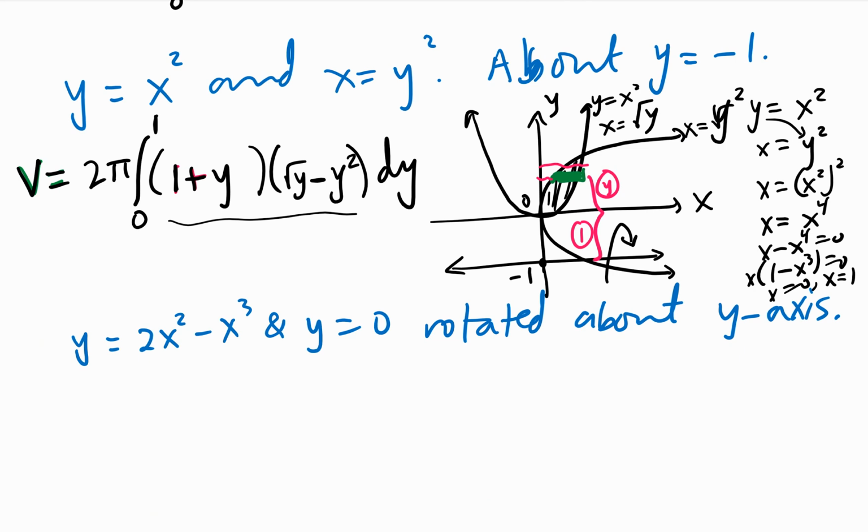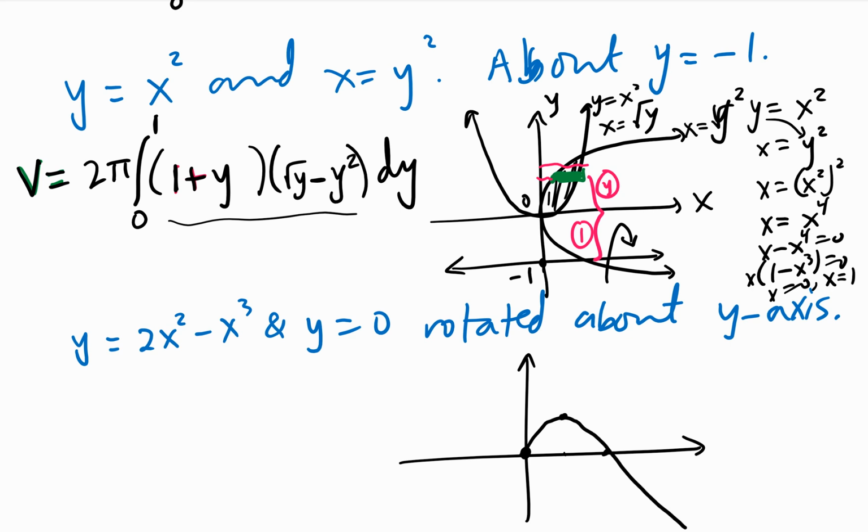To go to y equals 2x squared minus x cubed and y equals 0, rotating about the y-axis, we have to sketch this. x 0, y 0; x 1, y 1; x 2, that's 4 times 2, 8, minus 8, 0. So it's going to go up somehow like that.